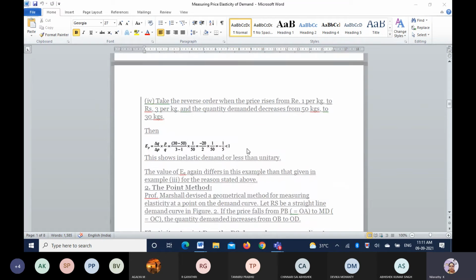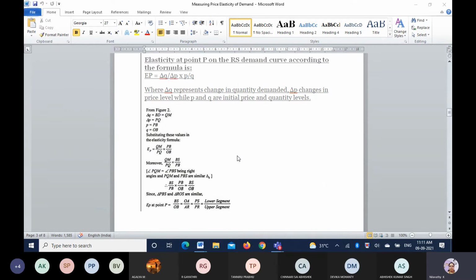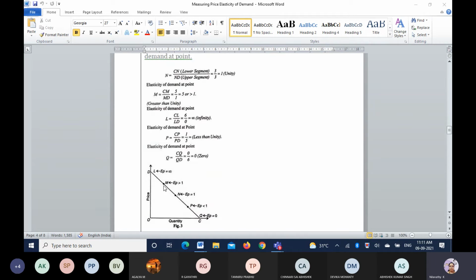And apart from these two methods, there is a method called the point method. So this we can say is a graphical representation. Again, the same formula only. The same formula will be used, but here they will be explaining it in a different way. So this is a general diagram that you can take for the point method.